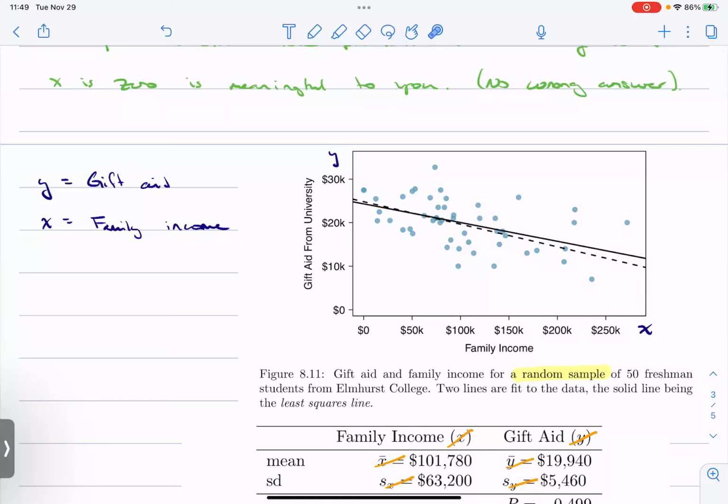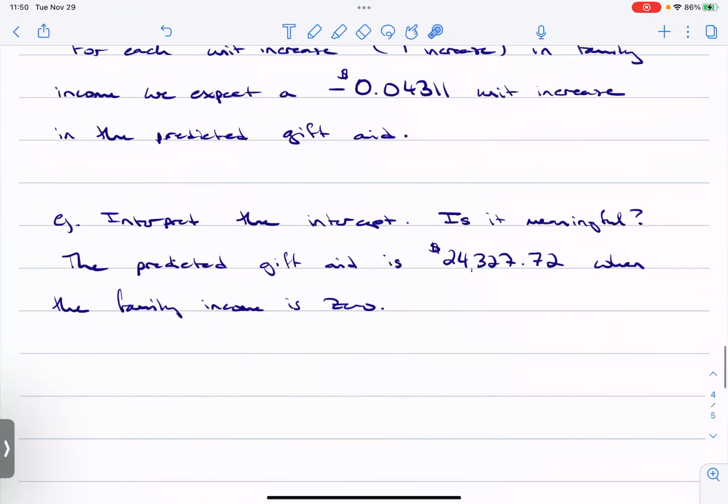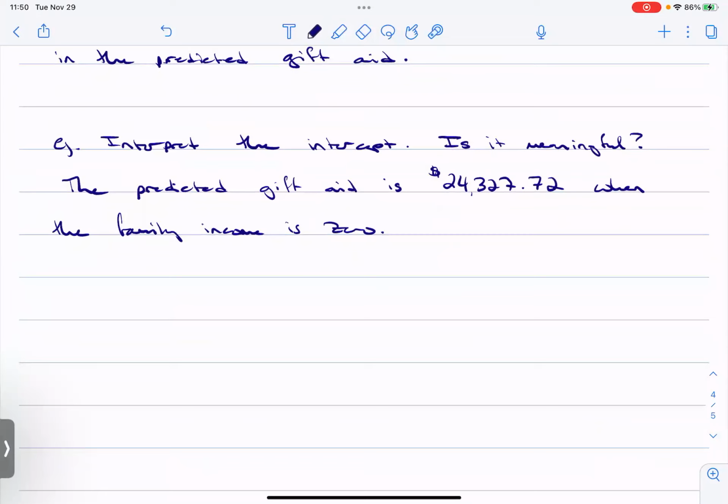You can also look to make sure that your values kind of make sense with your graph, knowing that, okay, at x equals 0, it's around 24, looks reasonable, right? So you're just looking for reasonable values, not exact values. So is it meaningful? I'm going to use the scatter plot to back my statement up.